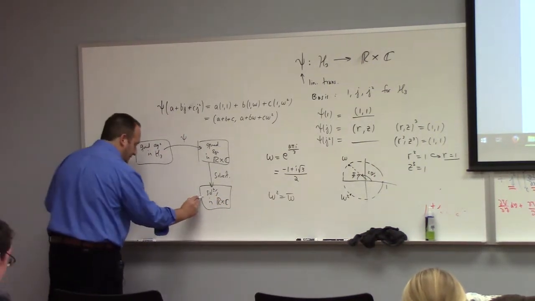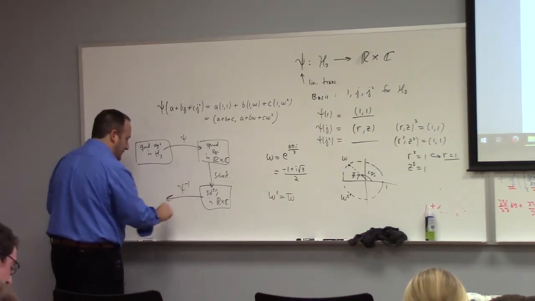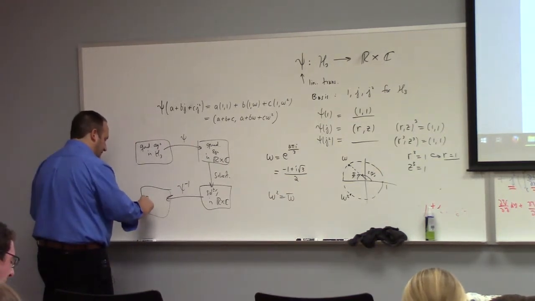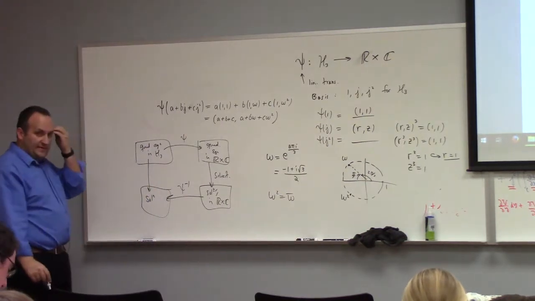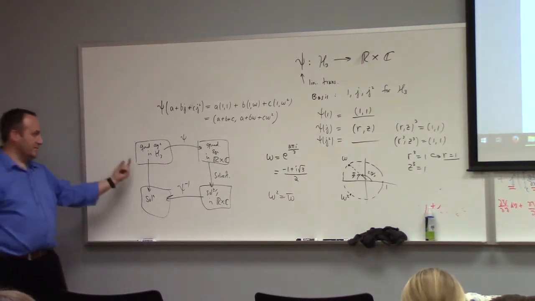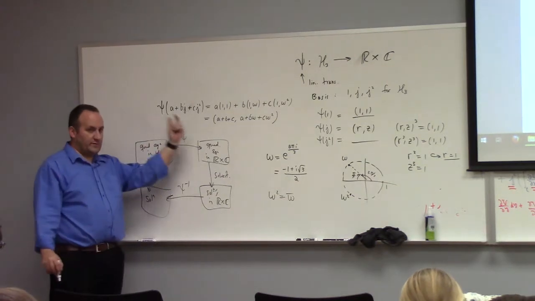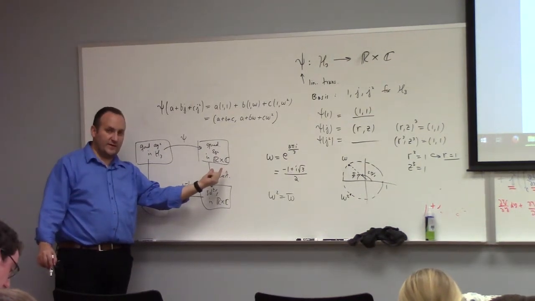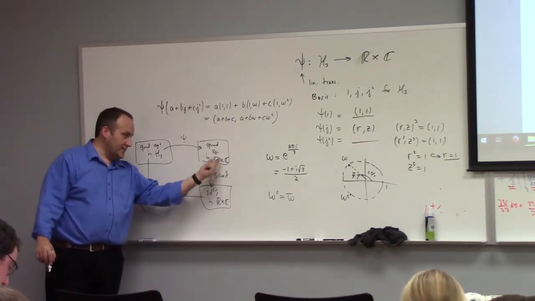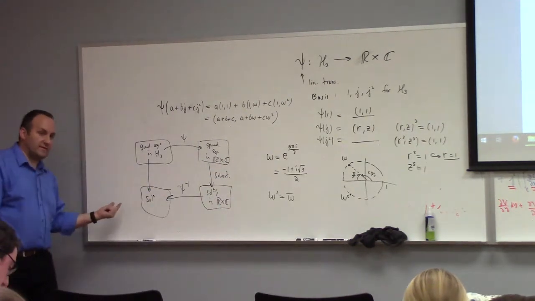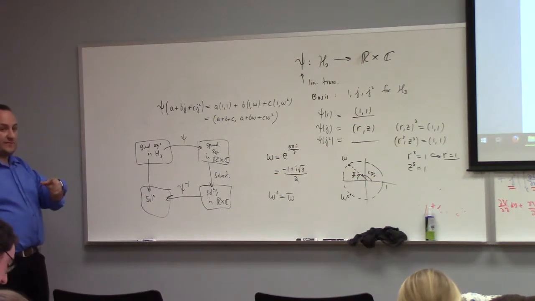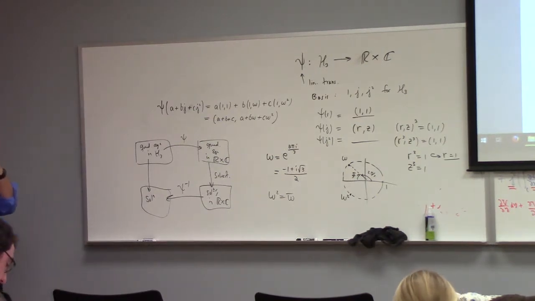And then the cool thing is, if we can find psi inverse, that gets us back over here, which is the solution to the original problem. That's the idea here. Find the isomorphism, take the given equation, map it over to a corresponding equation in the isomorphic algebra, and then solve it using regular techniques, and then pull it back with the inverse map. But we need to find the inverse map, is what Emily's getting at.